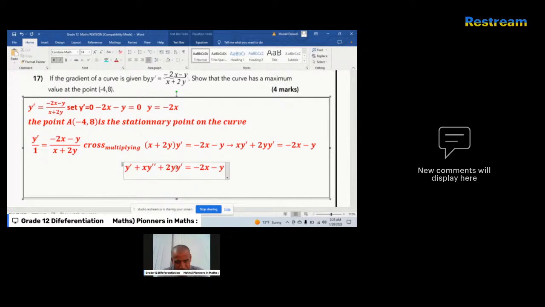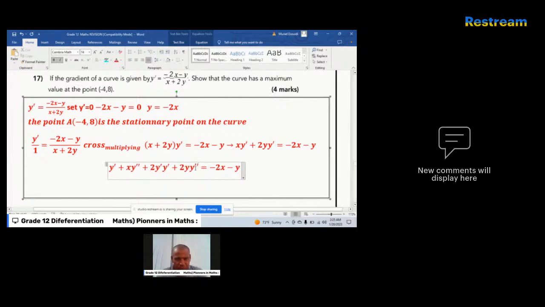It will be 2 times y dash multiplied by y dash, plus 2y y double dash.